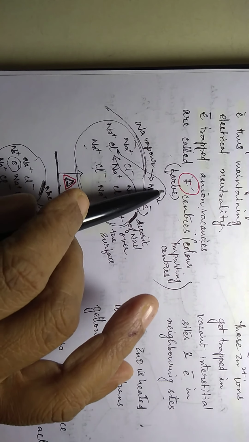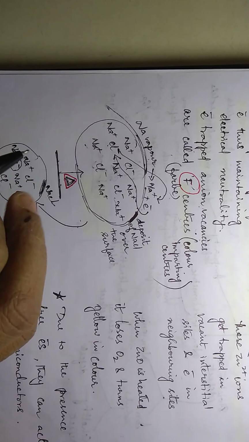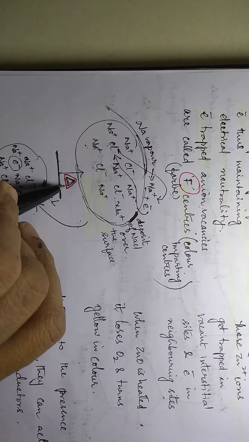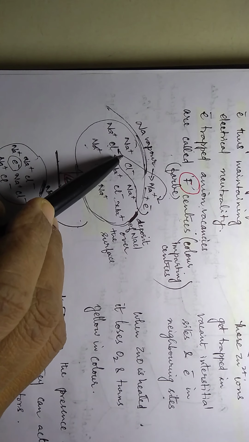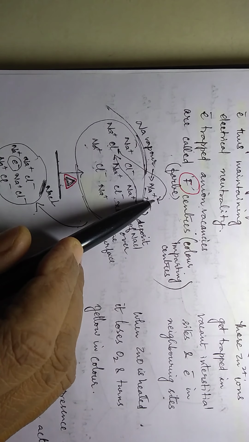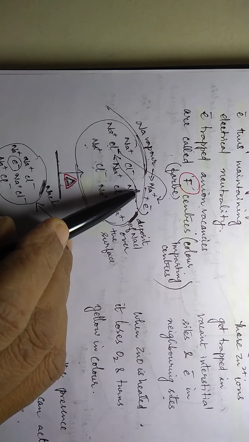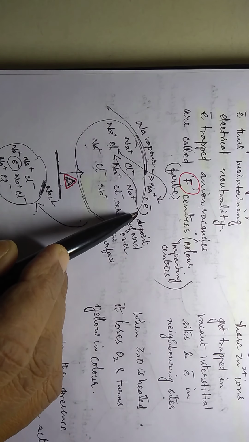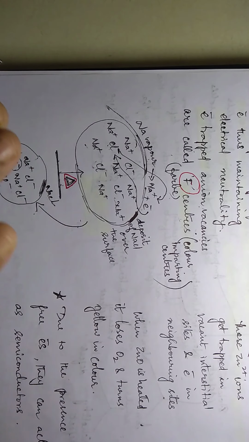This is an extra Na plus which does not actually belong to the crystal lattice. Now one Cl minus from inside the lattice tries to escape out and combine with the newly formed Na plus and form NaCl, and will start depositing itself on the surface of the NaCl compound.